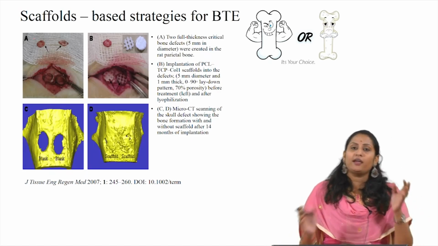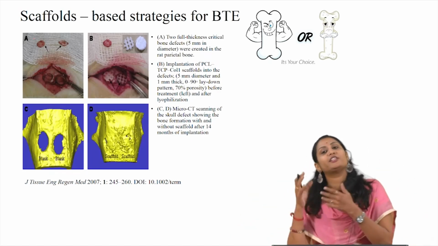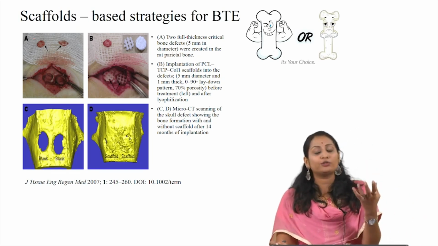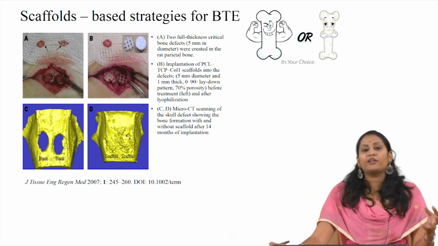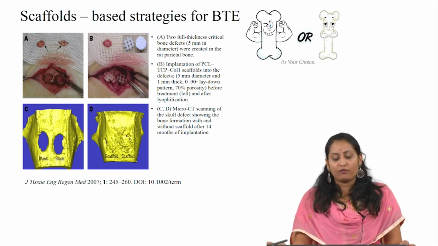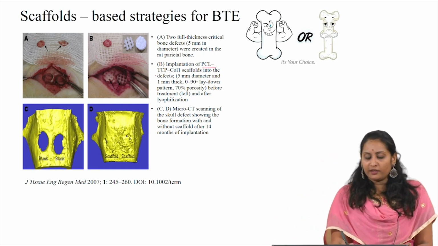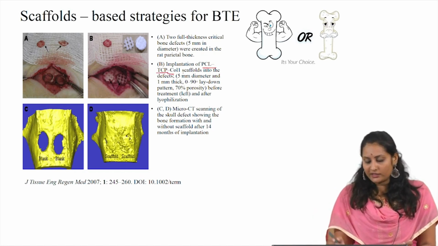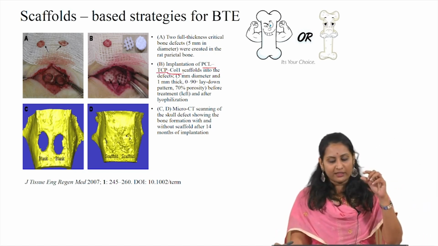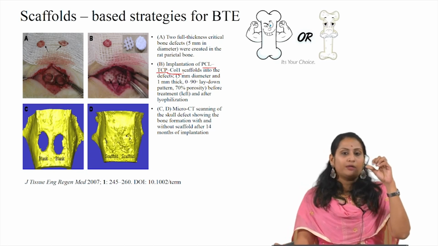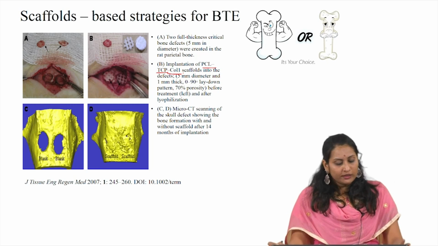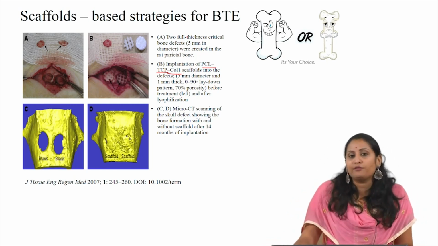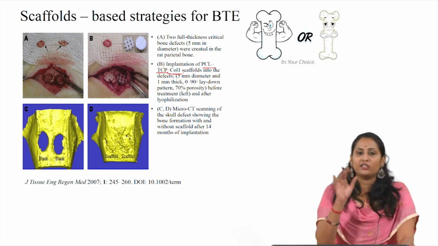So then they moved to the second generation of scaffolds, where they wanted to study PCL and composites. They prepared a scaffold using PCL, tricalcium phosphate and collagen, and they created defects around 5 mm in diameter in rat parietal bone, and then tested for healing of the bone defects.